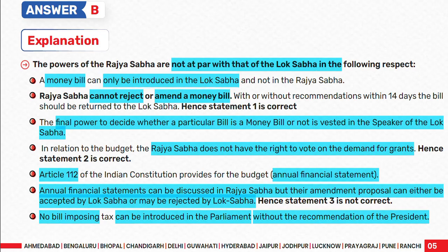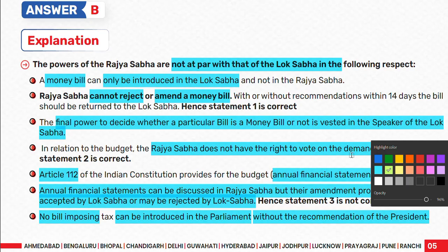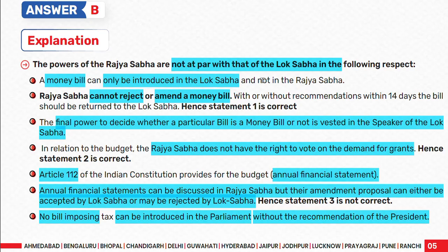Rajya Sabha has no role with respect to the introduction of the money bill or changes in it. Second, Rajya Sabha cannot reject or amend a money bill. With or without recommendation, within 14 days the bill should be returned to the Lok Sabha. Hence, statement one is correct.